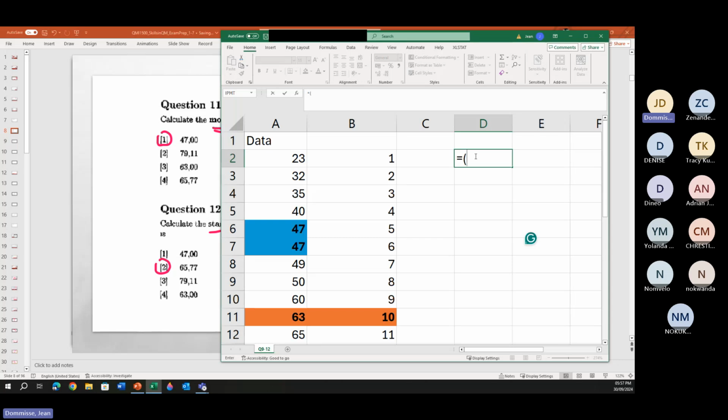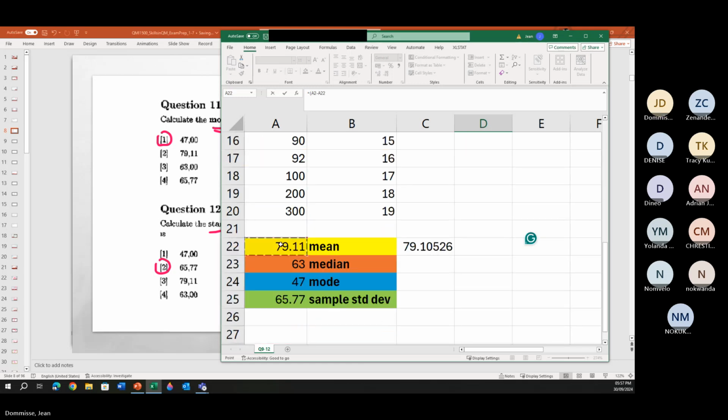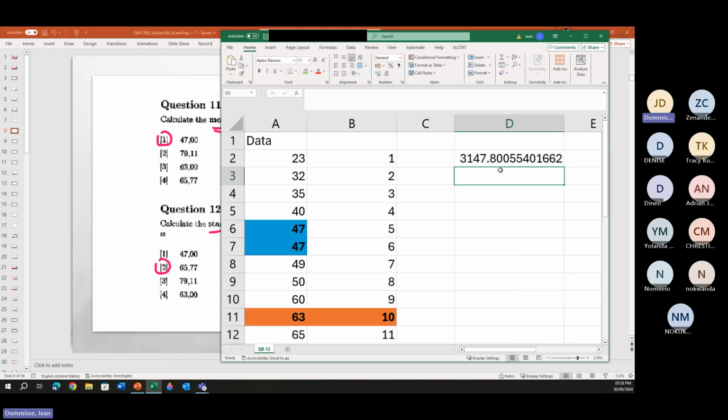We take that x point, subtract the mean, then take that to the power of 2, and we would have needed to do that for all of them.